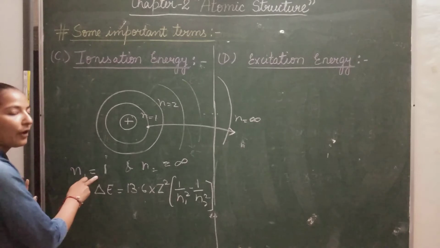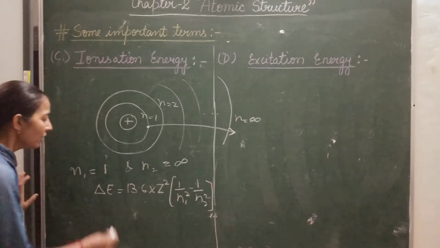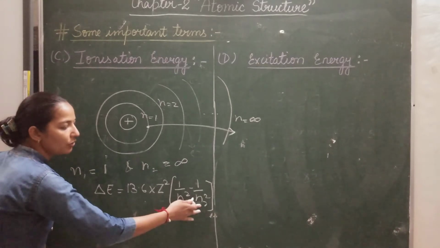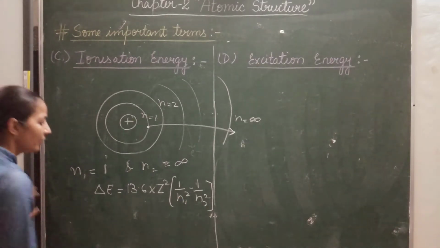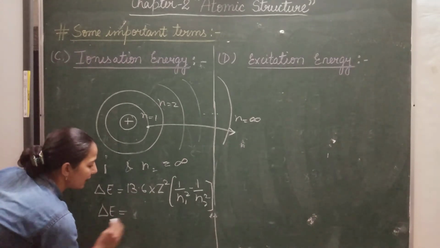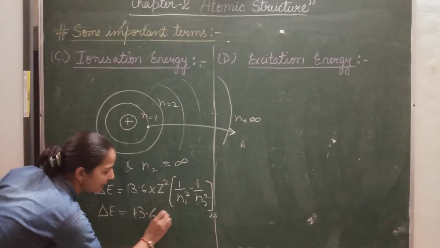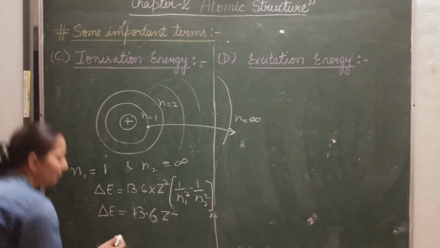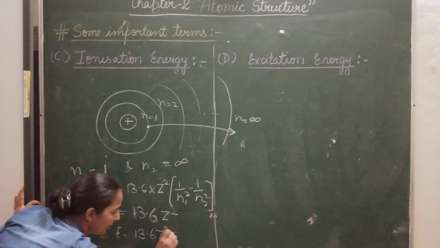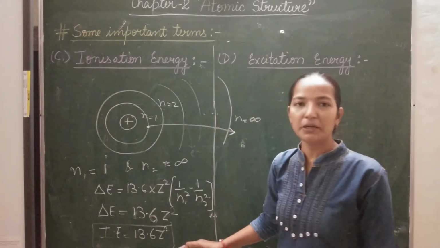Because the electron is excited from n is equal to 1 to n is equal to infinity, we put n1 is equal to 1 and n2 equal to infinity. After putting all these values, we get delta E, that is the required ionization energy, equal to 13.6 Z square. So for every atom, the ionization energy will be different.